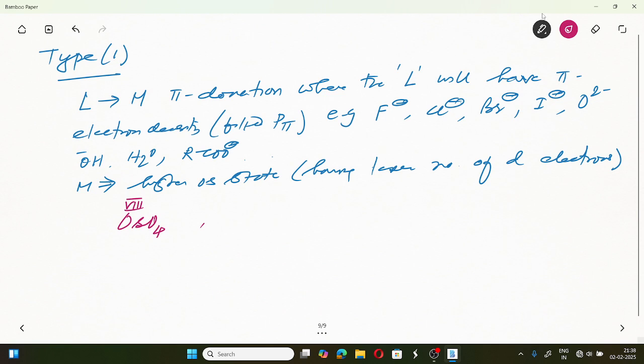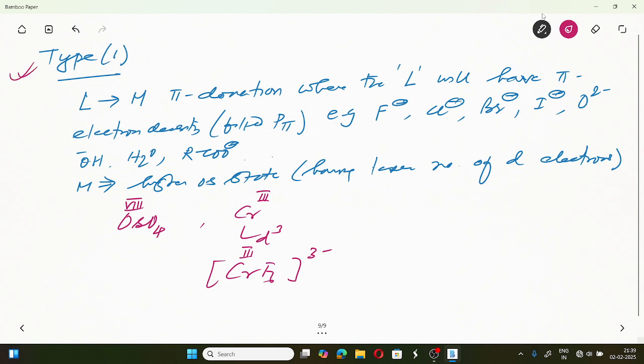If you look at say maybe chromium 3 complex যদি হয়, দেখো this is a D3 system, ঠিক আছে, তাহলে আমরা ভাবতে পারি CrF6 3 minus.